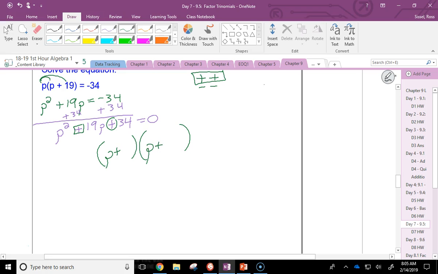We just find our factors of 34. And because this was a positive on our C, we're going to be adding them. So we have to add till we get to 19. If I look for my terms, there's 1 and 34. Well, that adds to 35. It's even, so 2 and 17.